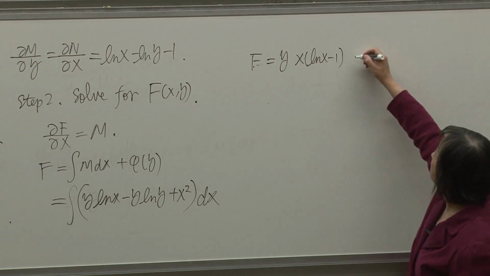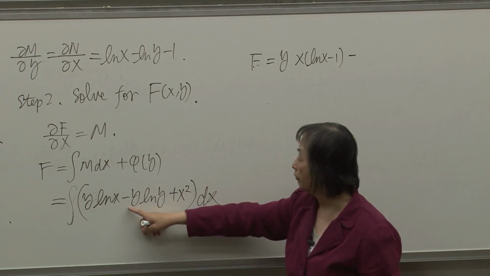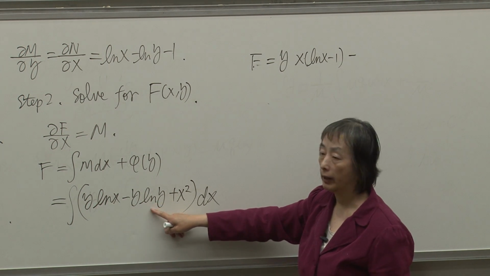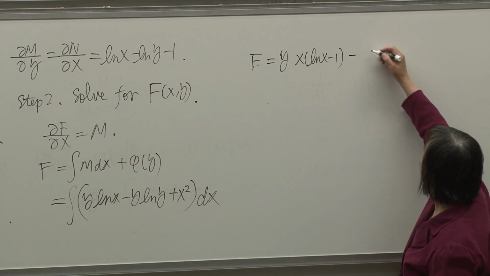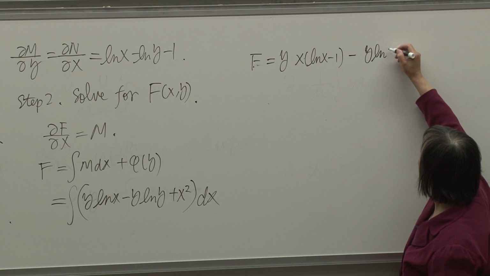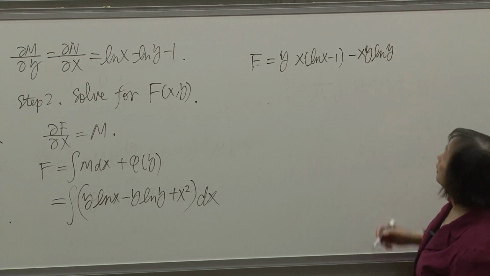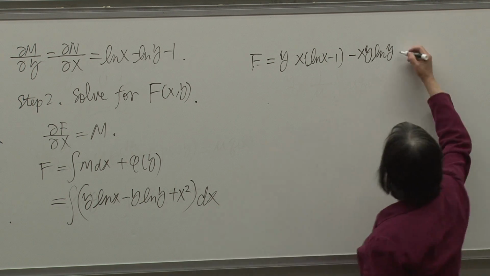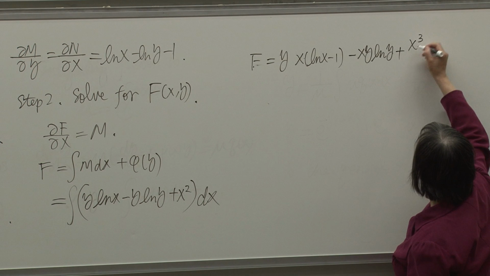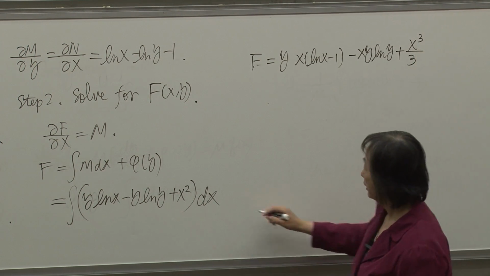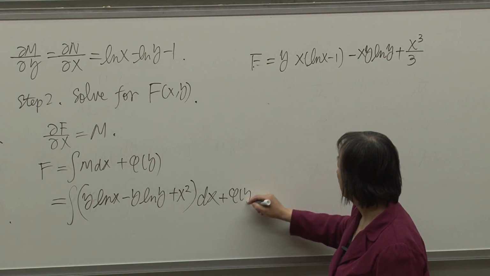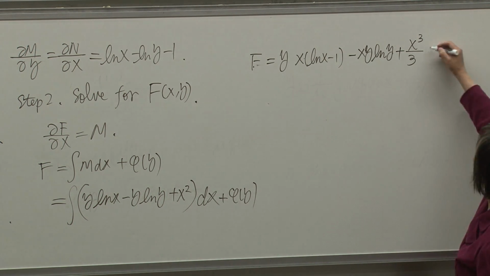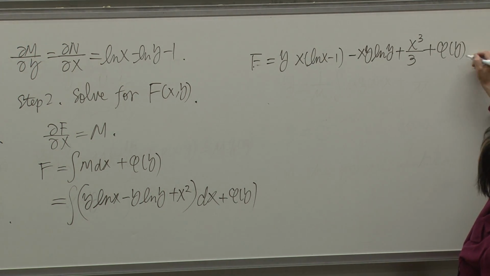And then subtract the integral of y times log y. We keep y log y the same, and then multiply by x, because the integral of 1 is x. For the last term, we get plus x cubed over 3. And then we need to add a function of y denoted by phi of y.